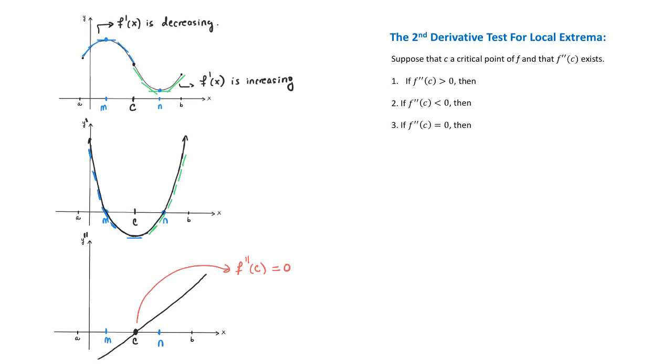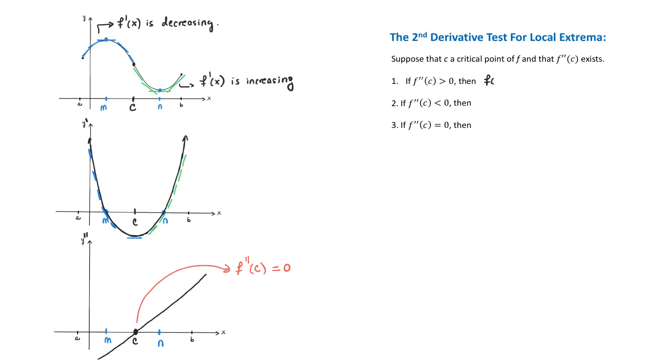So then, when we find f double prime, we will evaluate the second derivative at x equals c. We will see what is f double prime of c. If f double prime of c is bigger than 0, if you get a positive number when you plug c into the second derivative, then that means that the function has a local minimum at c. Let me write that down.